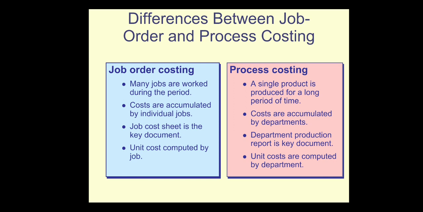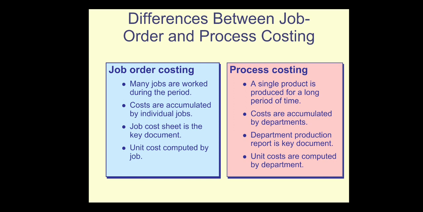For example, let's say the business is a catering business. So in one accounting period, one month or one year, the catering business will do many unique or different catering jobs.